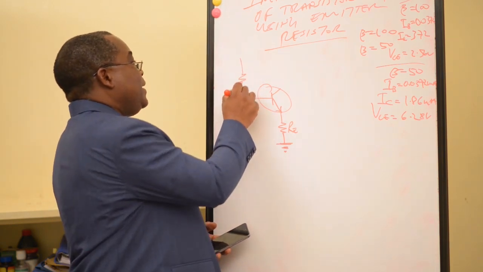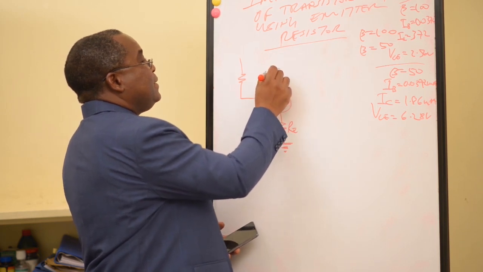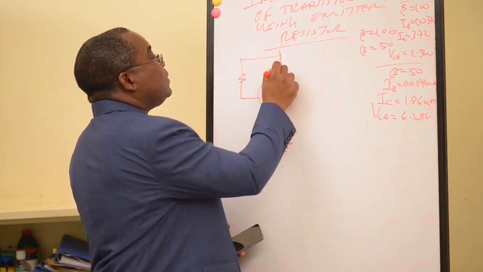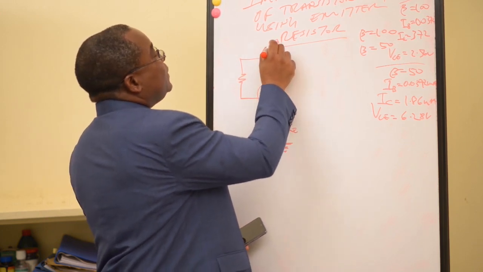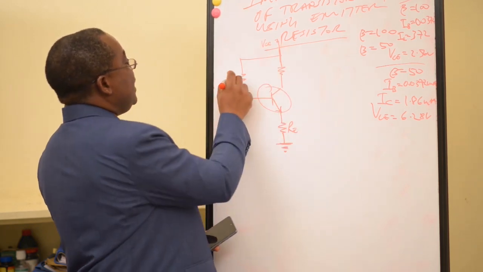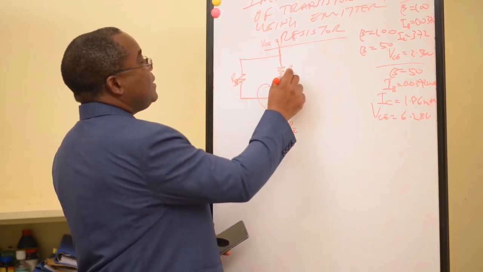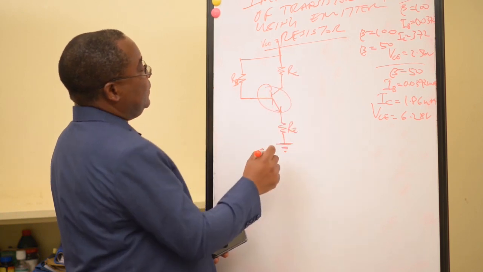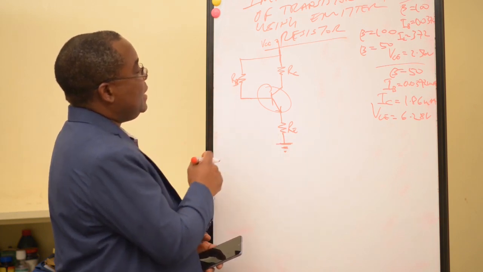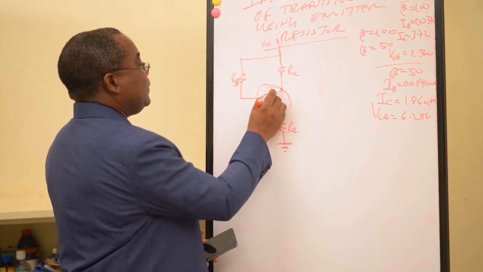Then we have our RB here, and then we have our RC here. This is the VCC. This is RB, and this is RC. This is collector resistor, base resistor, emitter resistor. This is our transistor here.